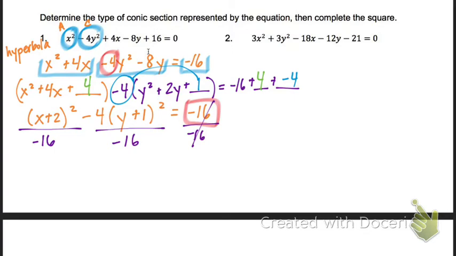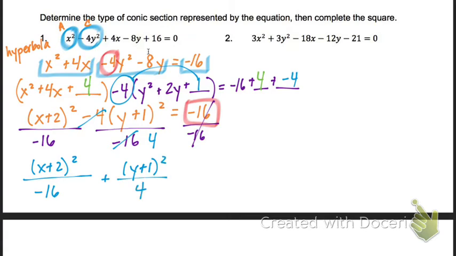My final answer is (x + 2) squared over negative 16. What happens to the negative 4 and the negative 16? It cancels and becomes just a 4 on the bottom. So plus (y + 1) squared over 4.